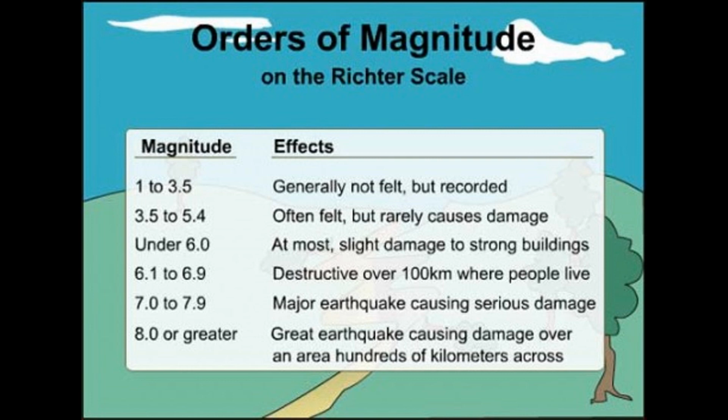Then magnitude 6.1 to 6.9, destructive over 100 kilometers where people live. Then 7.0 to 7.9 magnitude, major earthquake causing serious damage. And magnitude 8.0 or greater is a great earthquake causing damage over an area hundreds of kilometers across. So those are the different magnitudes of an earthquake.